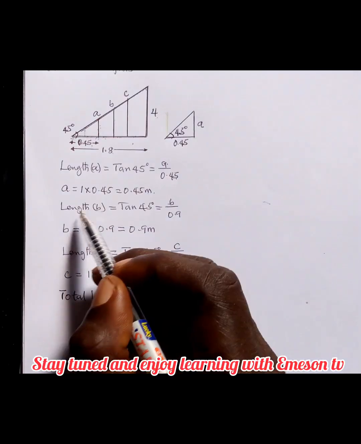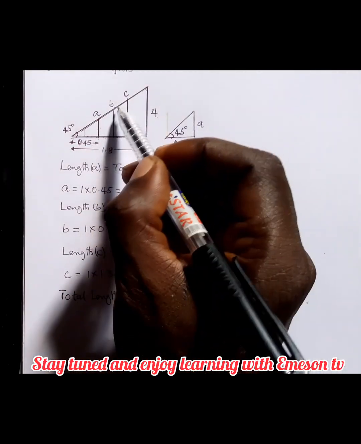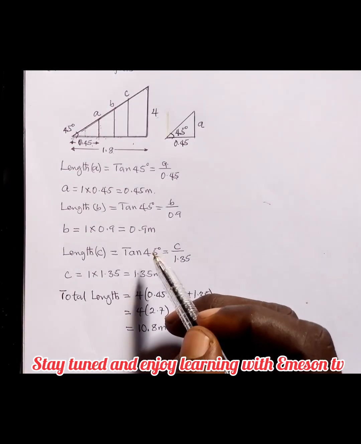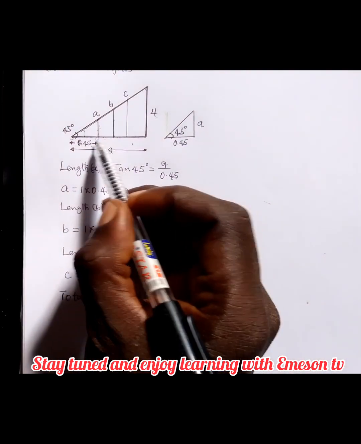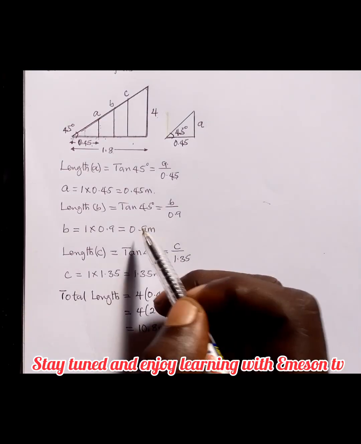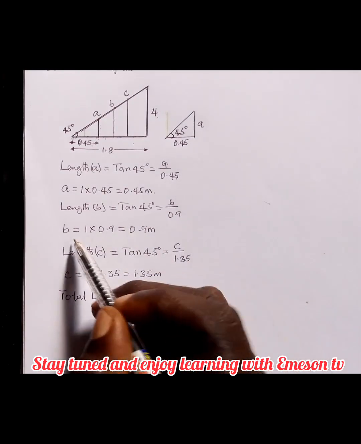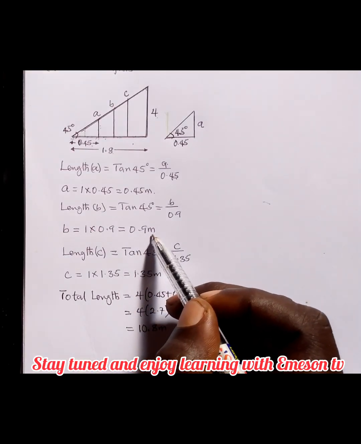So I go to length B. I'm treating this one separately. From here to here has to be increased by 0.45, so 0.45 plus 0.45 gives me 0.9. That's why I have tan 45 equals B over 0.9. If I solve B out, I have 0.9 meters also.